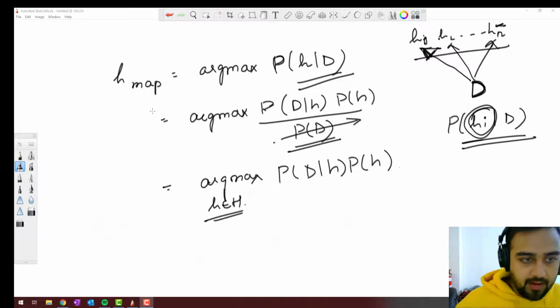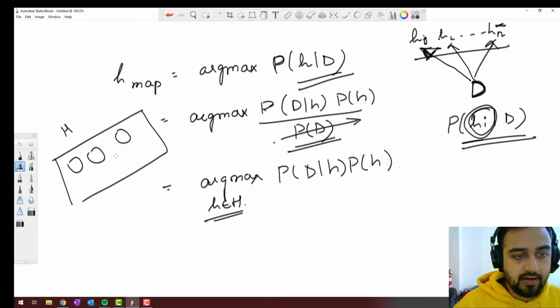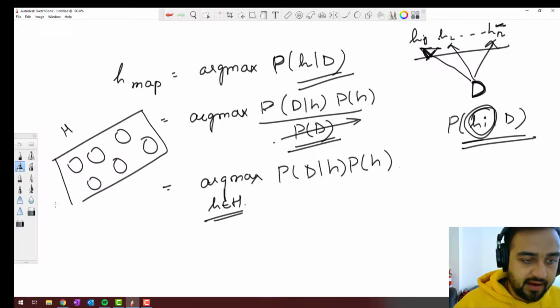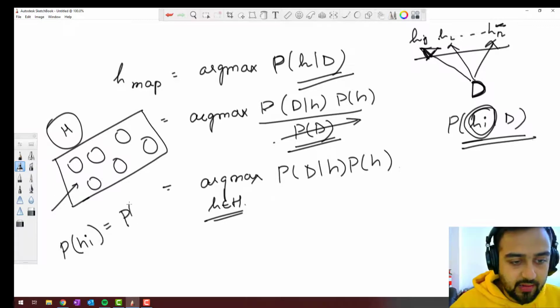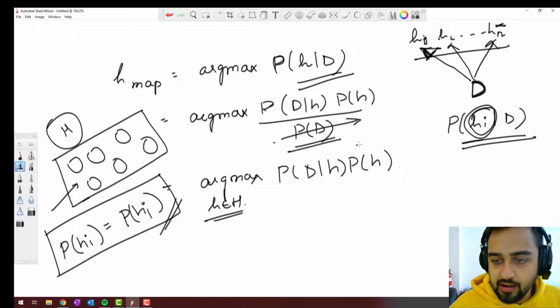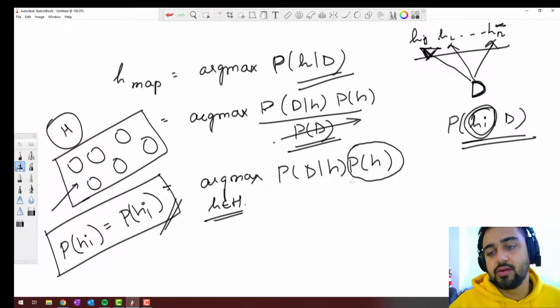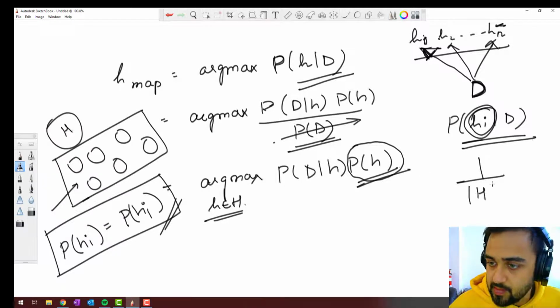Now, let's say we have a hypothesis space capital H, and there are a few hypotheses present in this space. The probability of occurrence of each hypothesis Hi would be equal to the probability of occurrence of the other hypotheses. So we can also choose to ignore this term because it will always be equal.